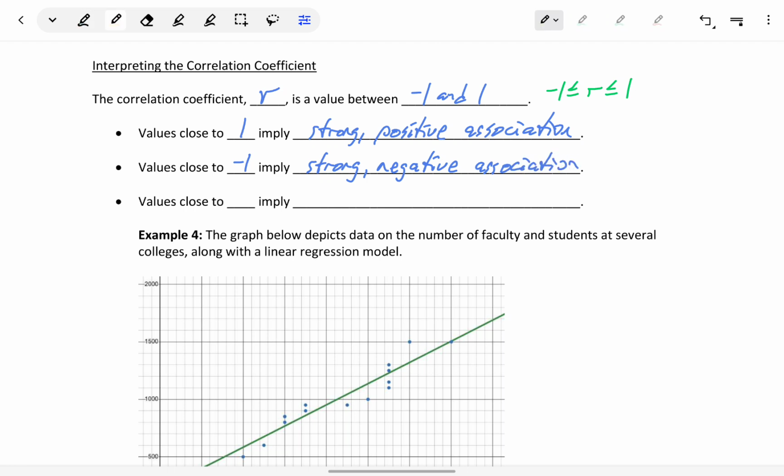So our values of +1 and -1 are both associated with a strong relationship, but what changes depending on the sign of our value for r is whether that relationship is positive or negative. And then values that are in the middle, close to 0, imply little to no association.